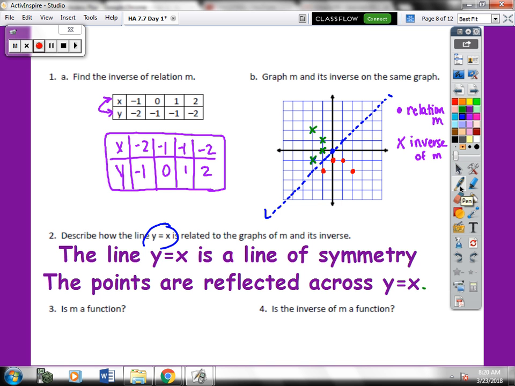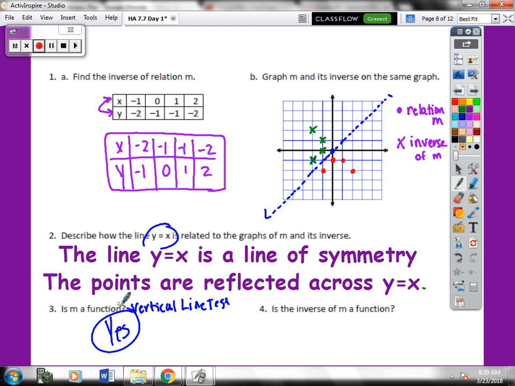They also ask us, are they functions? How do we test if something's a function? Caleb? Vertical line test, or you look at the x values and make sure they don't repeat, right? So looking at M, if we do the vertical line test, yes, it is a function.